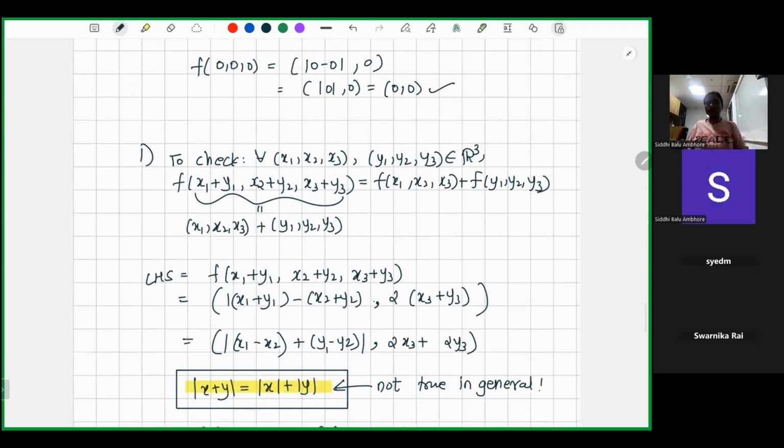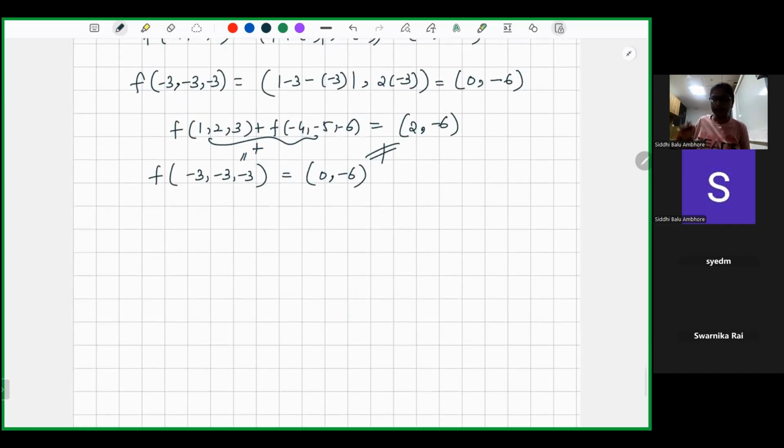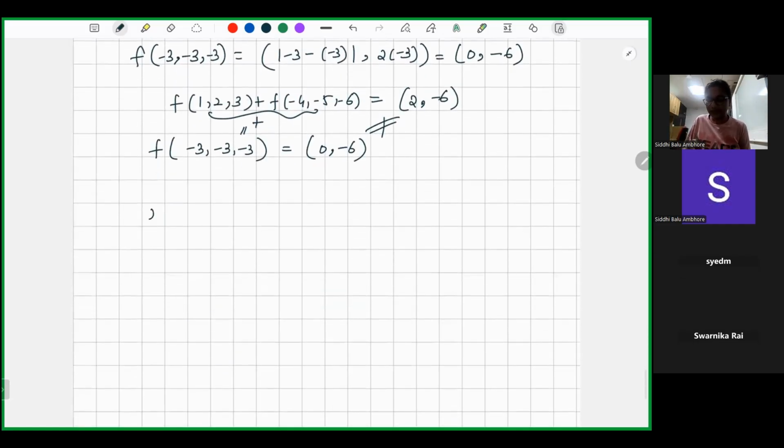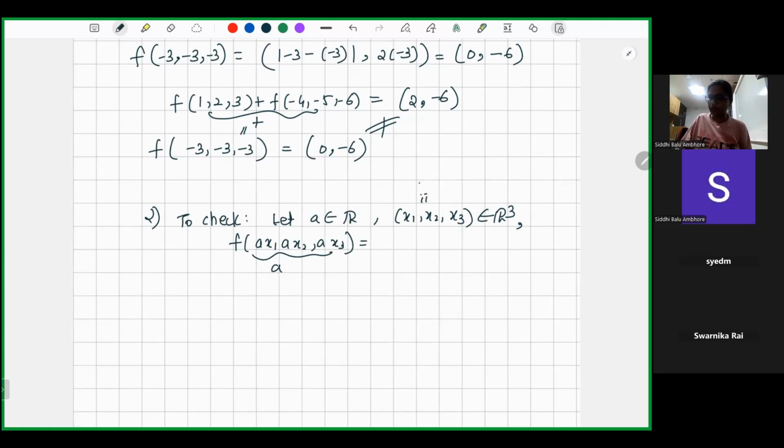Though we checked for the addition and also saw the explicit example, understanding this through scalar multiplication is pretty easy to observe. For example, to check this same map, let a be in R and x1, x2, x3 in R3. I want to check whether f of a times x1, x2, x3, which is a scalar multiplied, is equal to a times f of x1, x2, x3 or not.